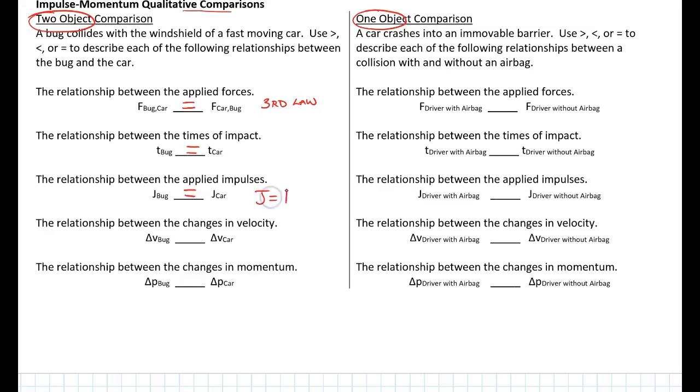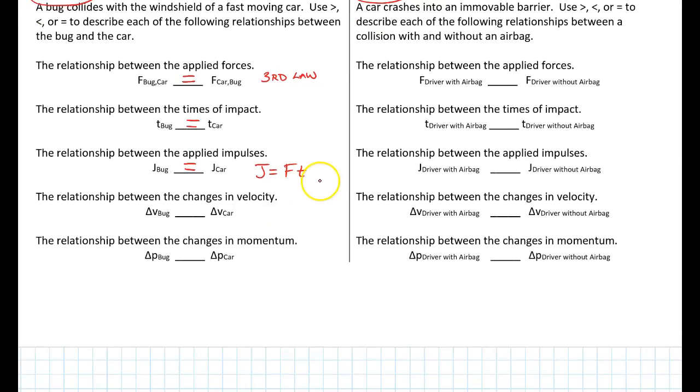Yes, but impulse is also force multiplied by time. Okay, so Ross said, isn't impulse also the change in momentum? Yes. So the impulse is the same, the change in momentum is the same.